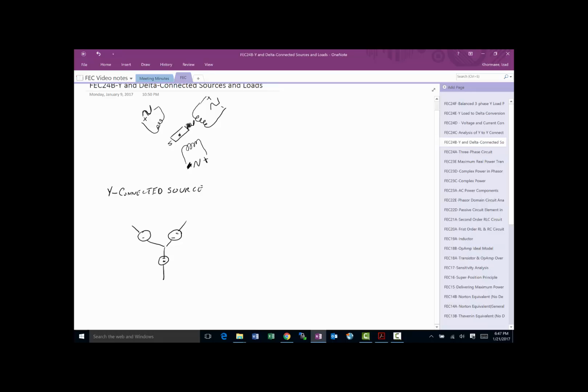We have the voltages VA, VB, and VC: we took all the minuses, connected them to each other, and pulled out the pluses, calling them VA, VB, and VC.